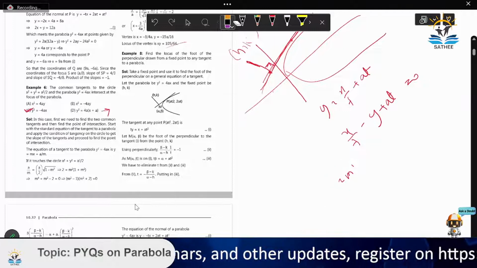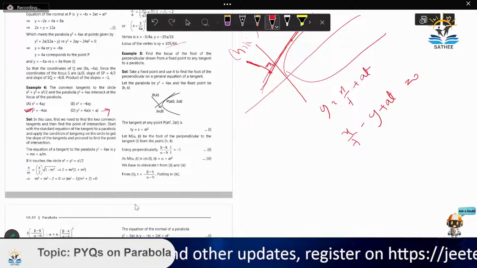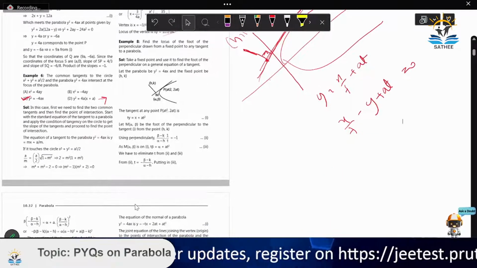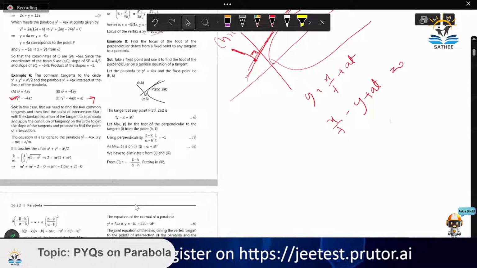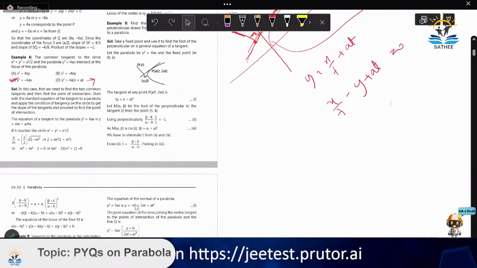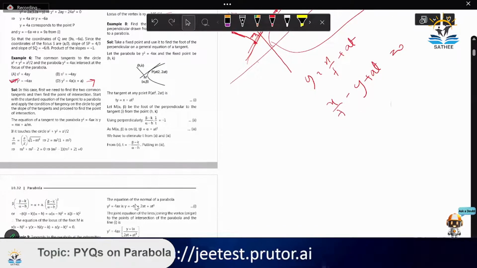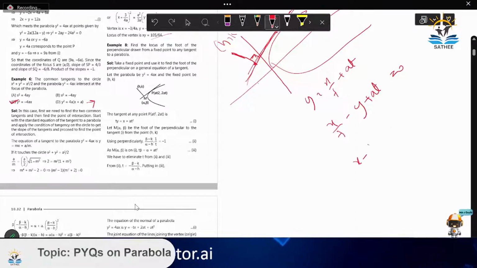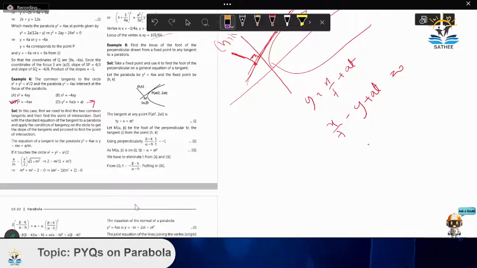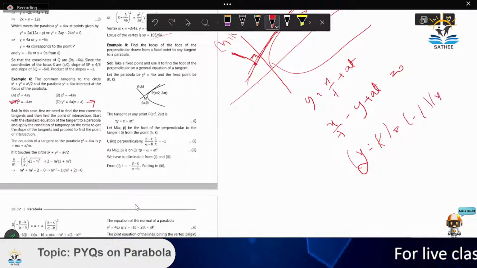So let us solve. If we are putting in so much effort, why not, let's solve. Okay, so let's go for it now. My equation is y minus k is equal to minus t times of x minus h.